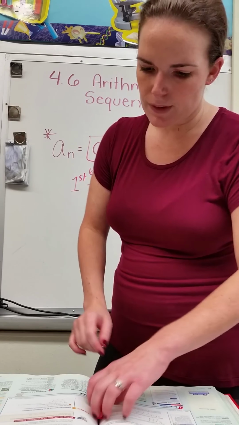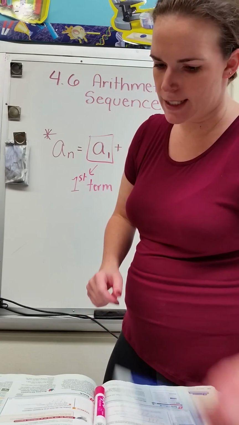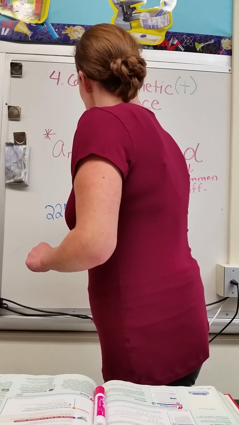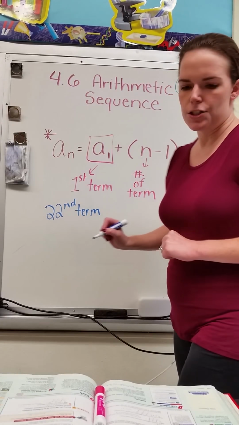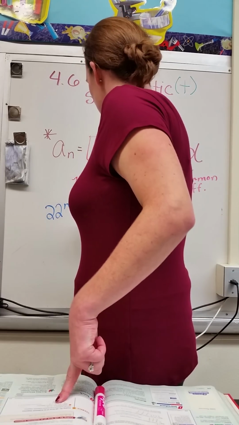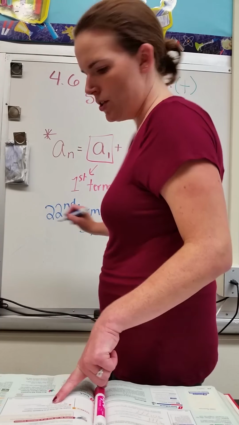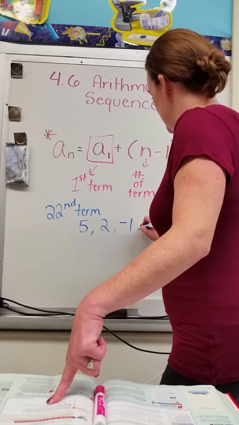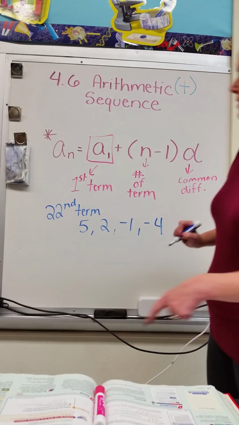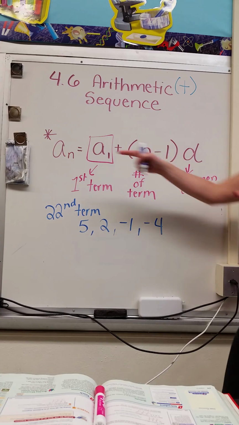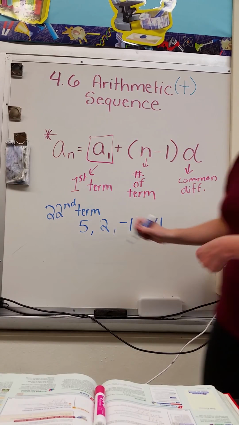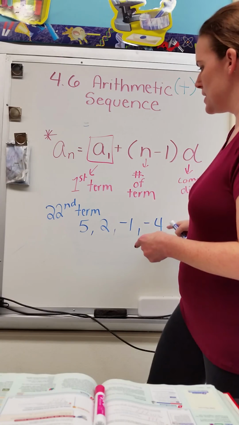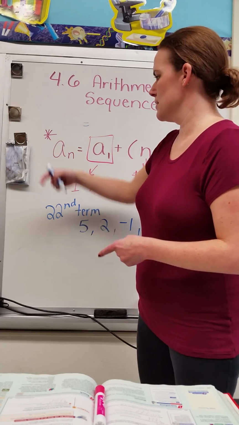So if you were asked to find, let's say, the 22nd term, and you were given the sequence 5, 2, -1, -4, well, you're going to use this formula. This is just your answer. So what I find when I plug these things in, that's this.